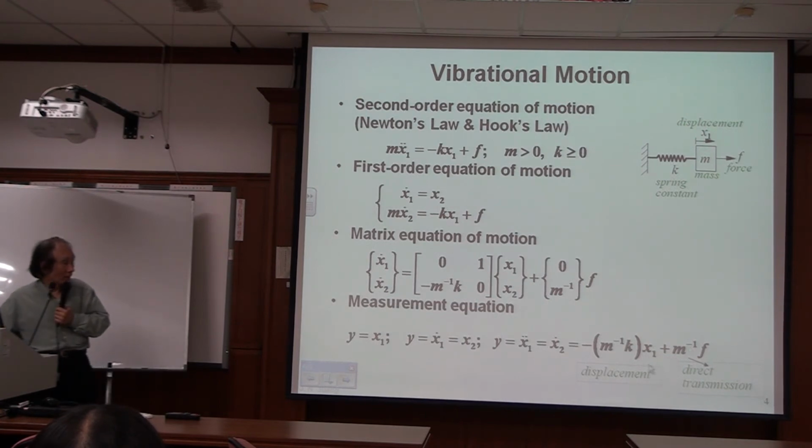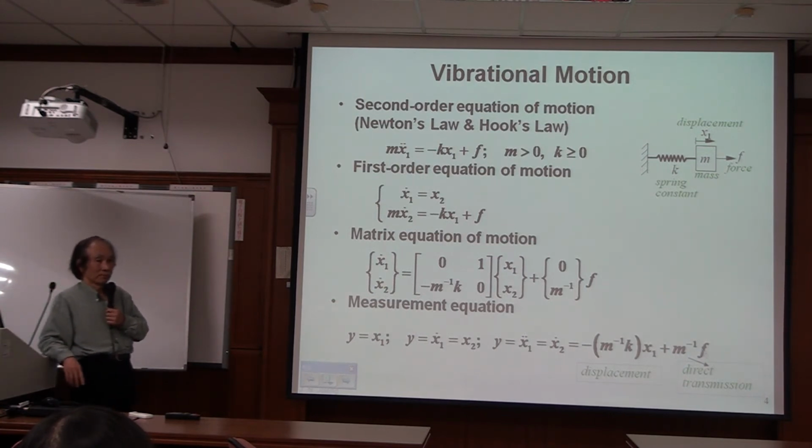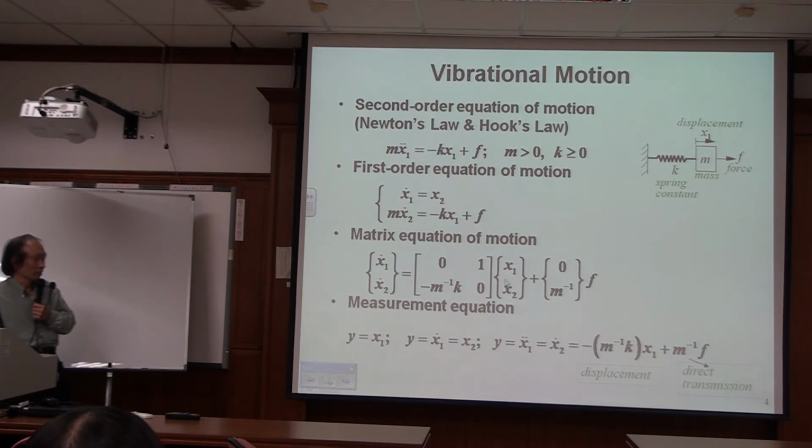Think about that. M inverse k times x1, this is the frequencies squared, so this unit is the acceleration unit. Yes. Now, if you don't control, these two equations you have to know. One is the matrix equation of motion, that's the state equation. One is the measurement equation.